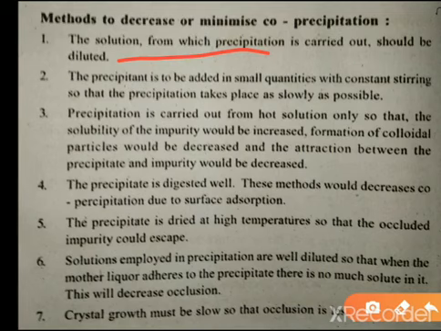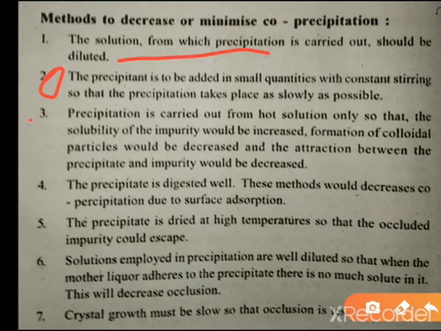The second one is that the precipitant is to be added in small quantities with constant stirring. If we do that, co-precipitation decreases, so the precipitation takes place slowly. If the crystals form slowly, they form bigger sizes, so filtration is also easier.